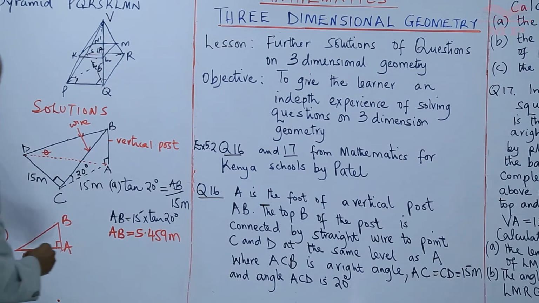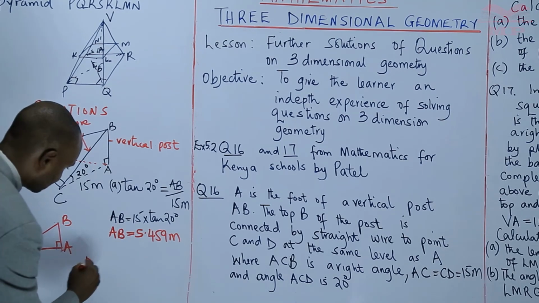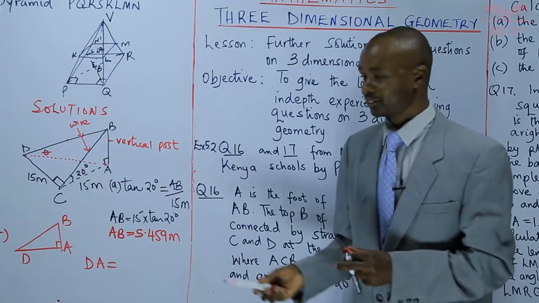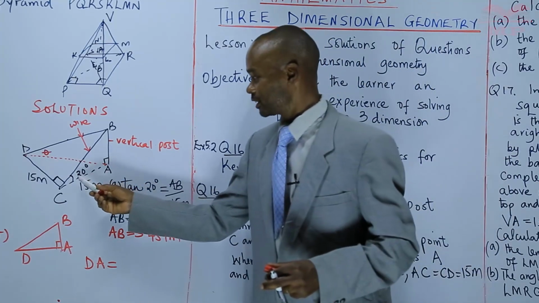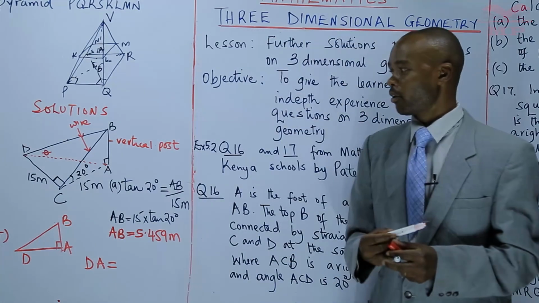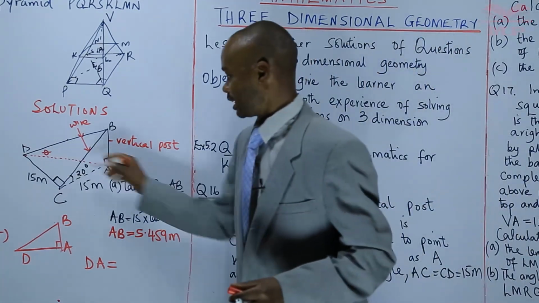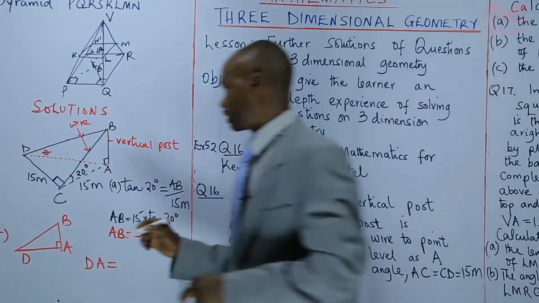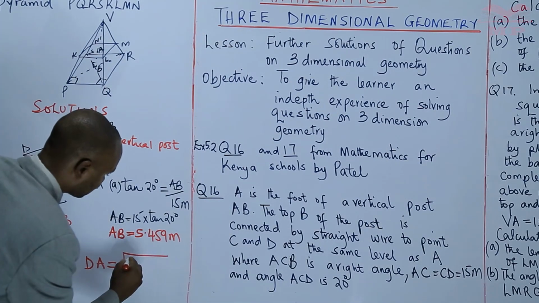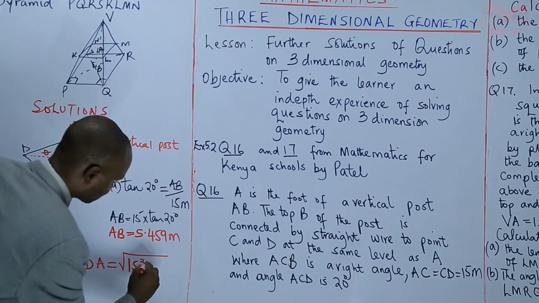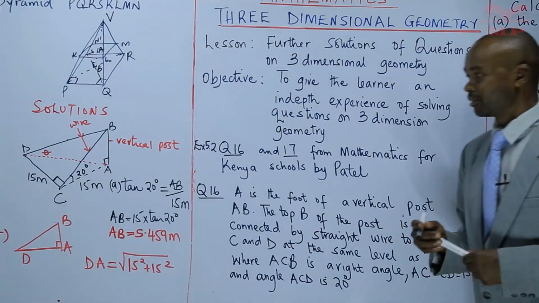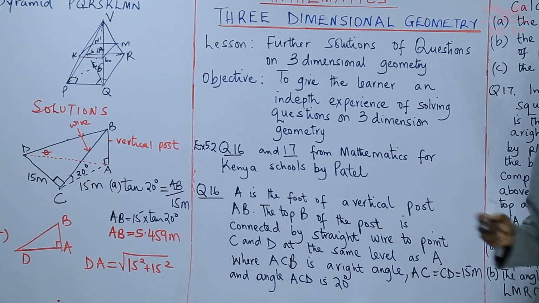Look at the diagram, this is a right-angled triangle. The sum of the squares of 15 and 15 will give the square of DA. So DA is equal to the square root of 15 squared plus 15 squared.